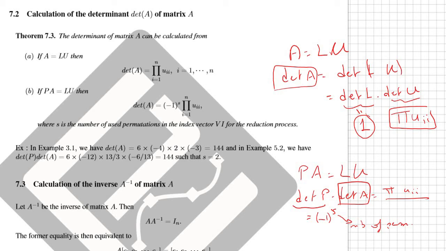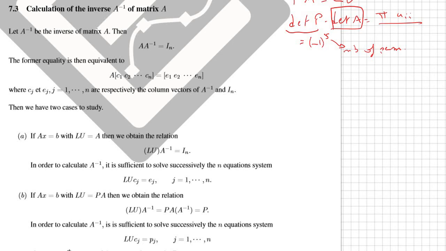The third one is the calculation of the inverse, A^-1. In fact, we know that A A^-1 is equal to I_n, which means that if we multiply A by a matrix, where C1, C2, and Cn are the columns of A^-1, it is equal to E1, E2, En, where these are the canonical basis of R^n, which are also the columns of I_n.